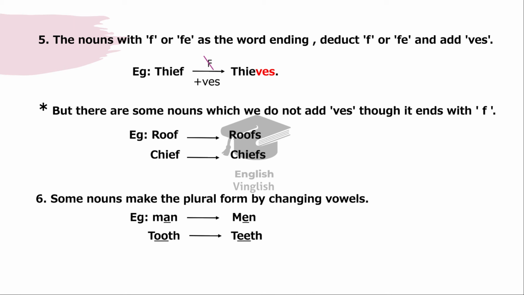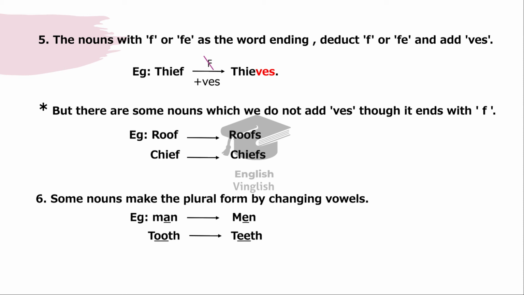Sixth one. Some nouns make the plural form by changing the vowels. Man, men. M-A-N. Man is the singular. So, by changing A to E, we make the plural. M-E-N, men.